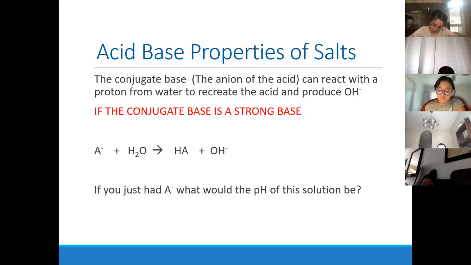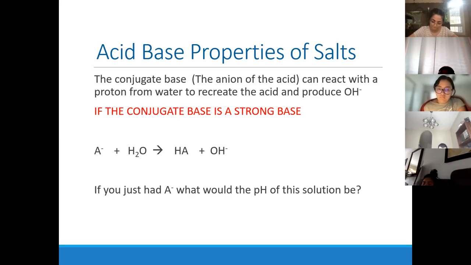If my anion is a strong base, remember, it was created from a weak acid. If my conjugate base is strong, it will react with my water to make a weak acid and OH minus.